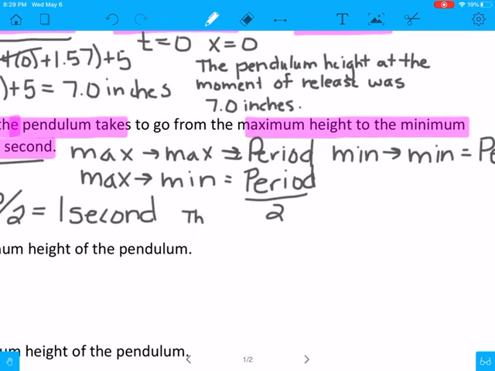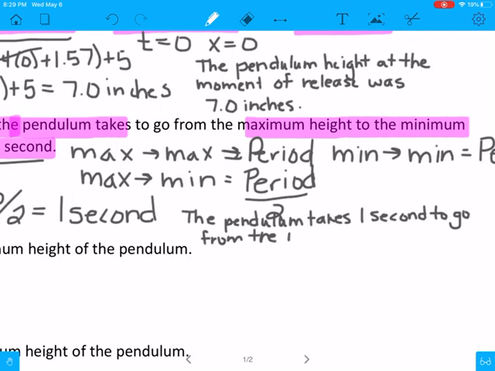The pendulum takes 1 second to go from the maximum height to the minimum height.